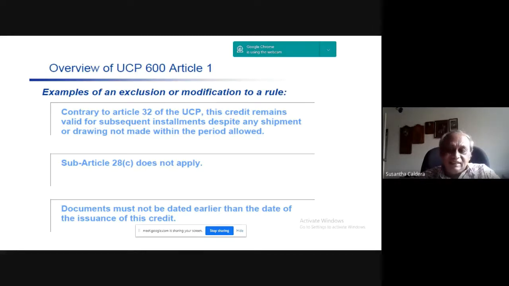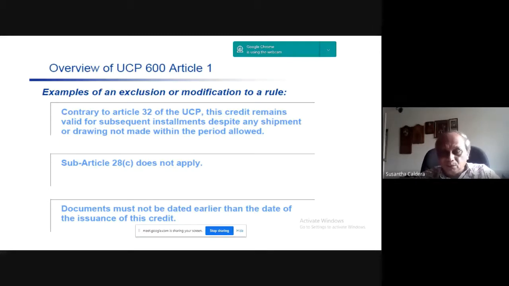Right? So now if there's any modification or exclusion, then this is how we have to put. Or you can say documents must not be dated earlier than the date of the issuance of this credit. The documents can be dated earlier than the date of the issuance of the credit. It can be done.